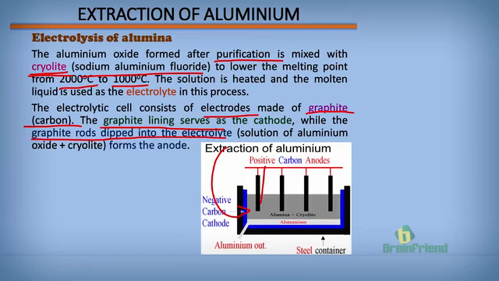As you can see, we have graphite rods. These are graphite rods dipped into what? The electrolyte. Here we have our electrolyte, of course. So these graphite rods form the anode, while the graphite linings here form the cathode.